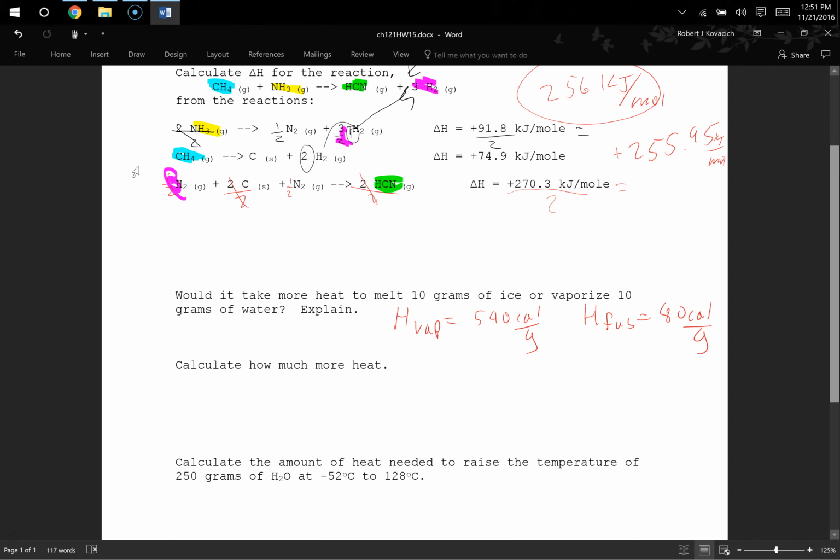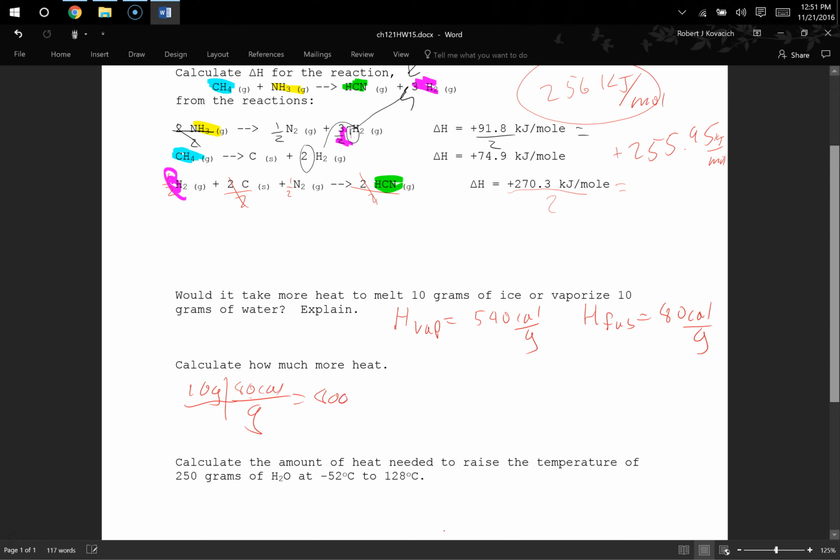So how much more? So I've got 10 grams and 80 calories per gram, did that upside down, sorry. 10 grams and 80 calories per gram.